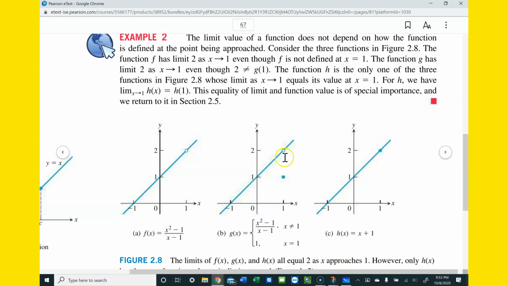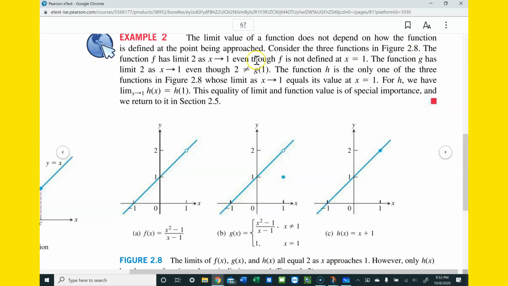Here, the function is defined when x equals 1, but its definition is down here according to this piecewise function. So it is this line until it gets to that precise spot, and then it actually defines itself this way. So the value of g of x when x is 1 is 1. It's the point (1, 1). This function is defined everywhere, including at (1, 2). It's just this line right here.